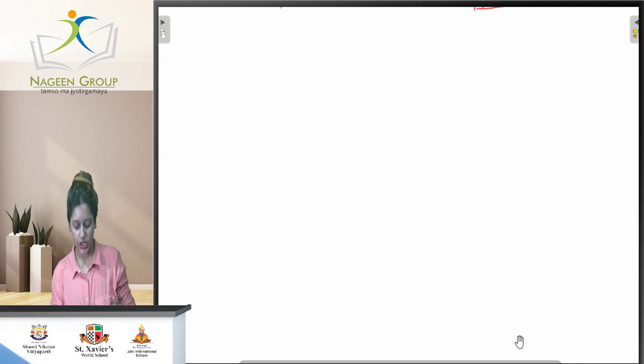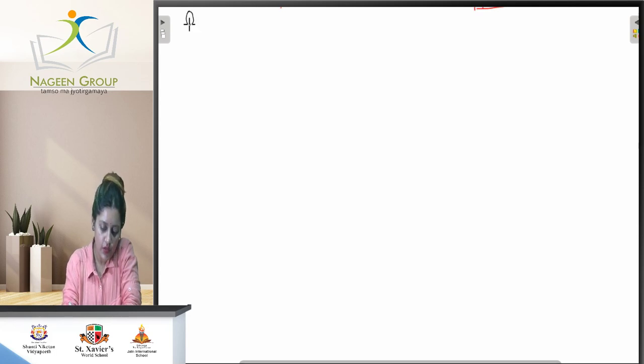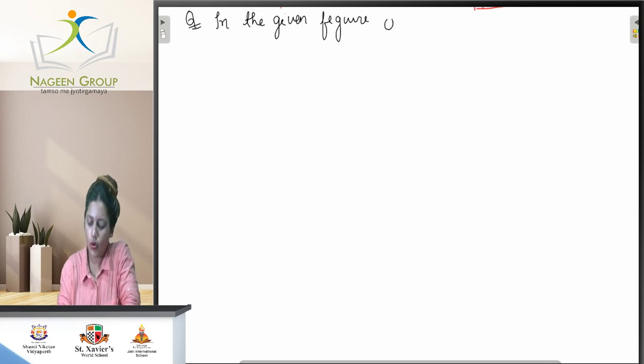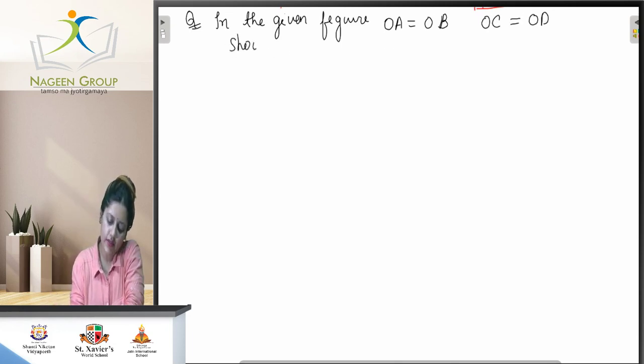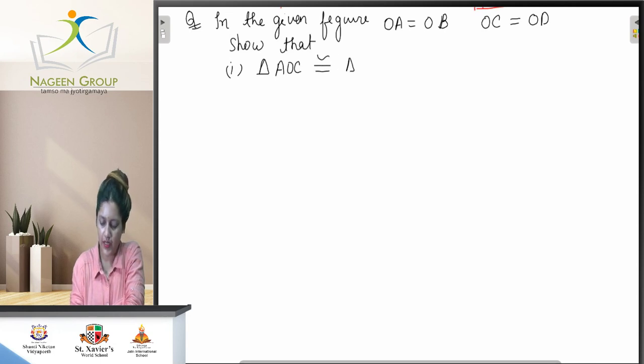So the first question is that in the given figure, OA is equal to OB and OC is equal to OD. So prove first that triangle AOC is congruent to triangle BOD.